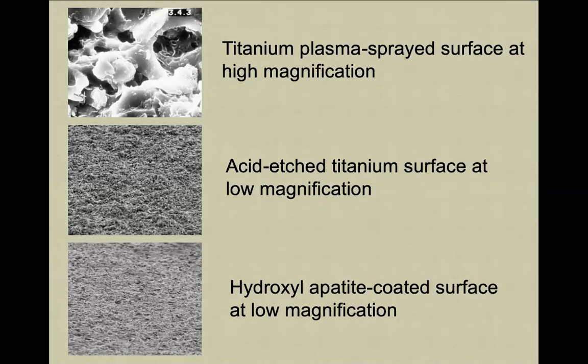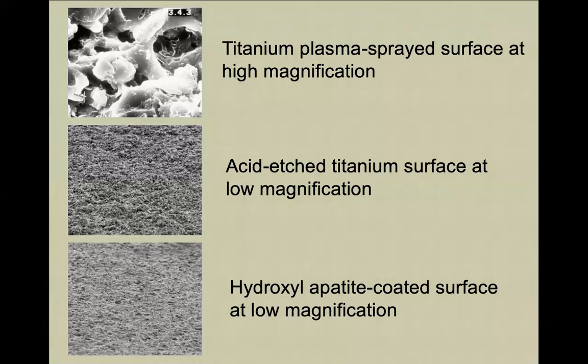As opposed to that, we expect dental implants to be stable for very long periods of time. Usually, when we talk about a dental implant, we have to talk about up to the end of life. Therefore, it should integrate with the bone. And if this implant were completely smooth, it would not integrate.